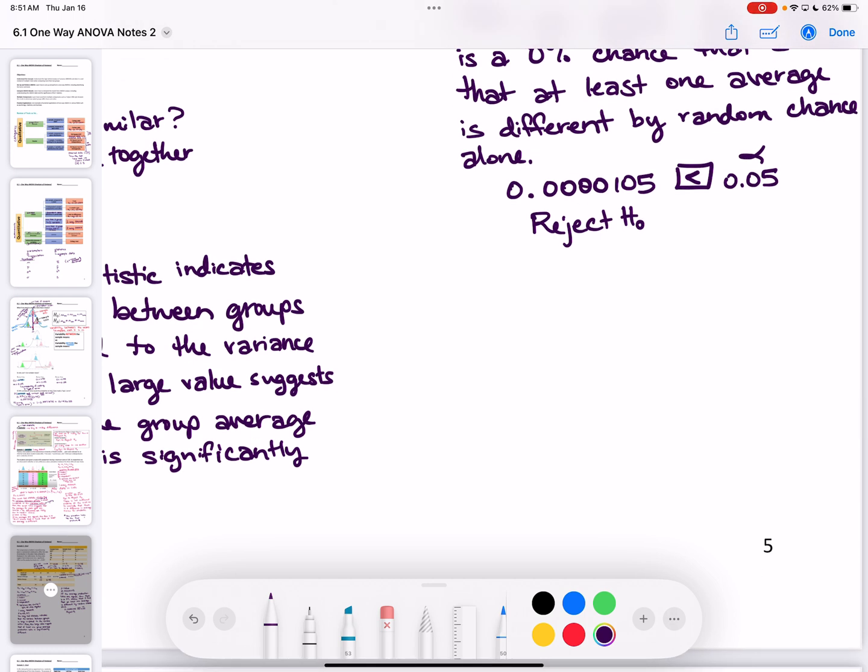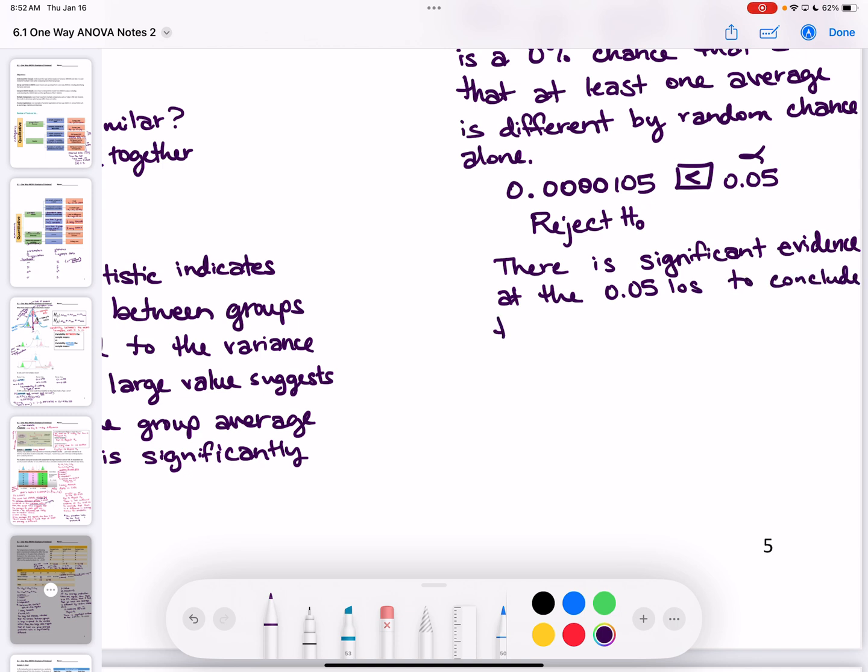So if we reject, there is significant evidence at the 0.05 level of significance to conclude that at least one group average is different.